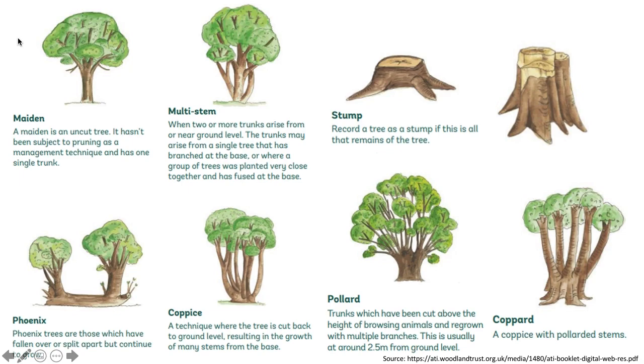Next we have coppice. So coppice is a technique where the tree is cut back to ground level, and this results in the growth of many stems from the base. So hopefully everybody has seen a nice example of coppice trees, and we talked about some coppiced woodland communities in the previous webinar that we did, so hopefully you guys can remember some examples of that.